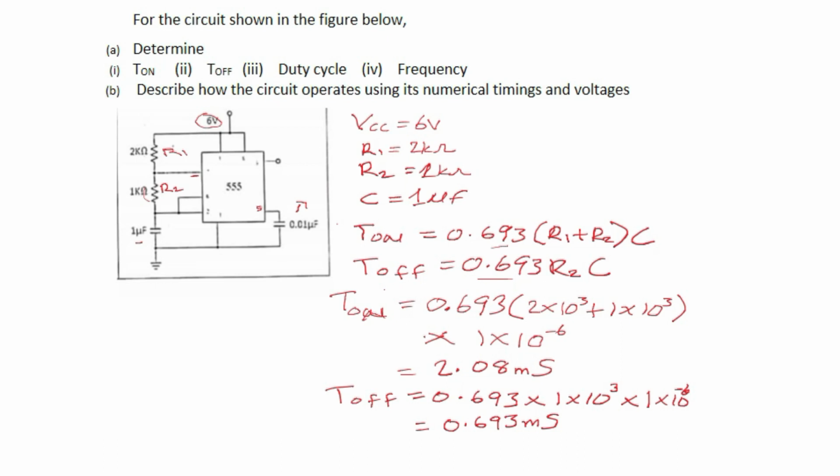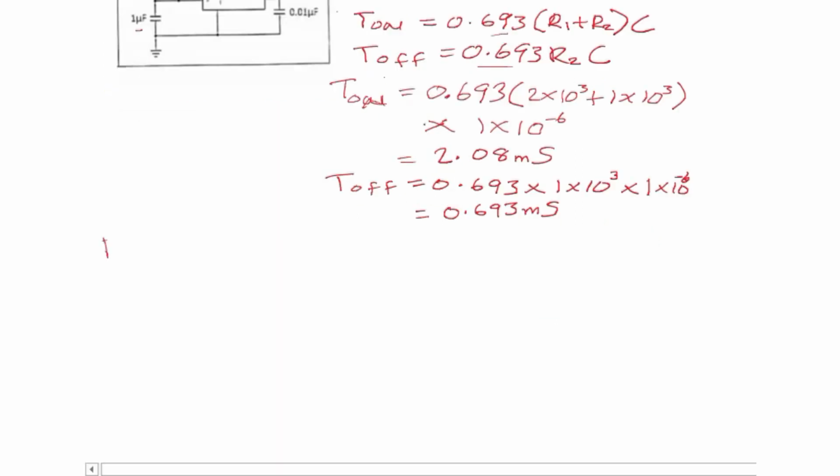Now, we have our T on, we have our T off. Now next, what are we asked to calculate? The duty cycle. Alright, now the formula for the duty cycle is given as T on over the summation of all the timings, which is T on plus T off.